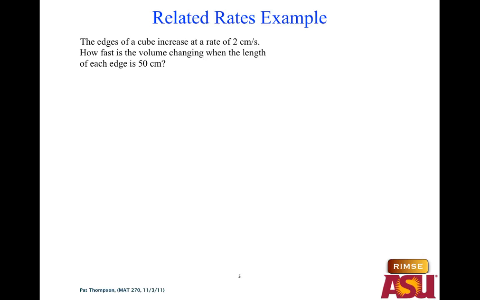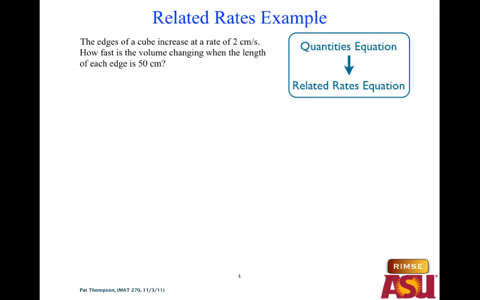Not the rate, that's what we want. We want an equation that relates the rates. Where's that going to come from? Yeah, an equation that relates just edge length and volume. Right, exactly. Okay, so we're going to start with a quantities equation, and then from that we get the related rates equation.